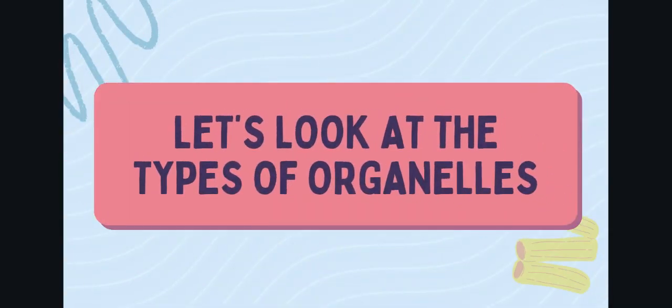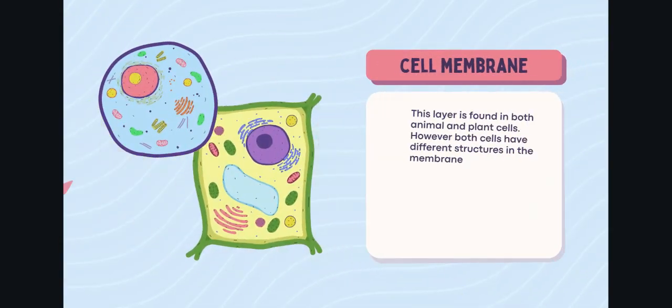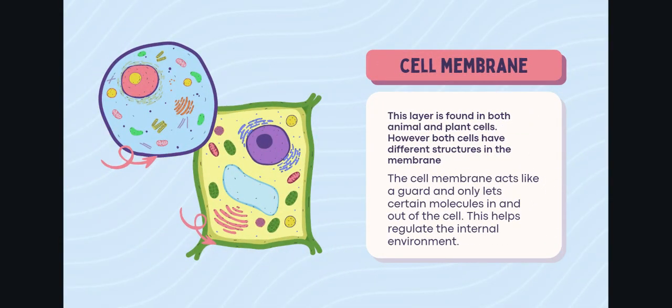So let's look at the types of organelles now. What's the first and outermost organelle? The cell membrane. This is found in both plant and animal cells, however both cells have different structures in the membrane. The cell membrane is like a guard.